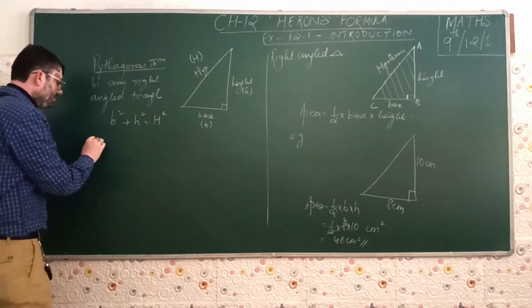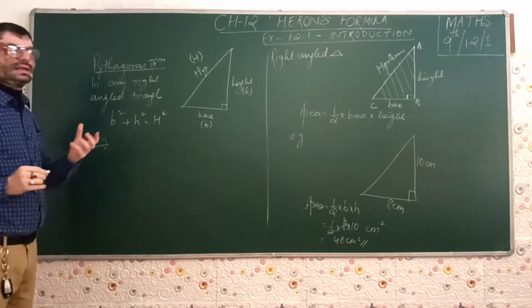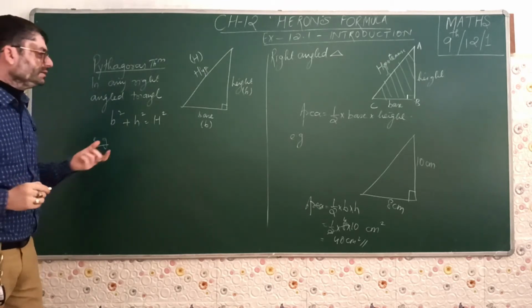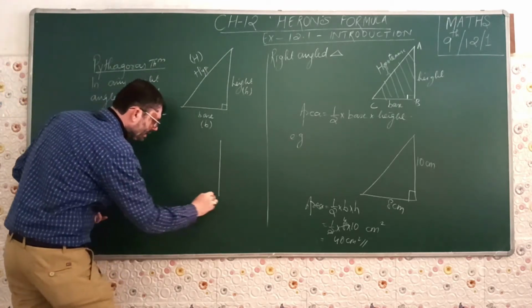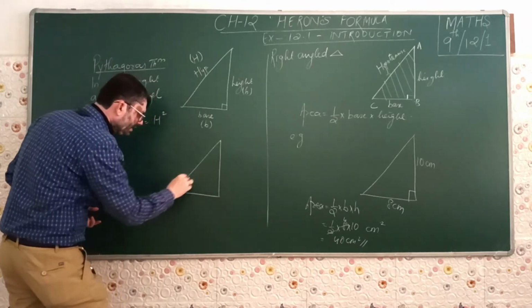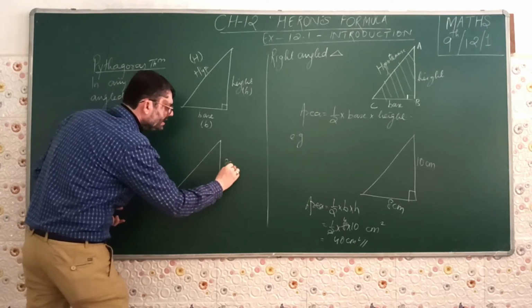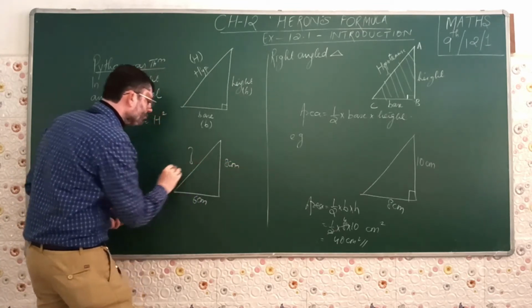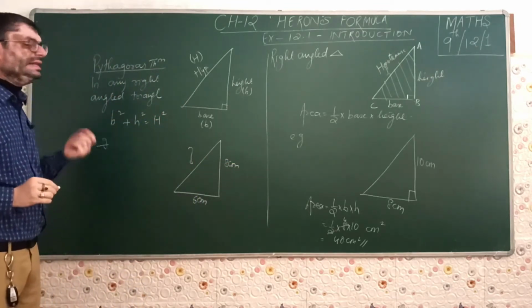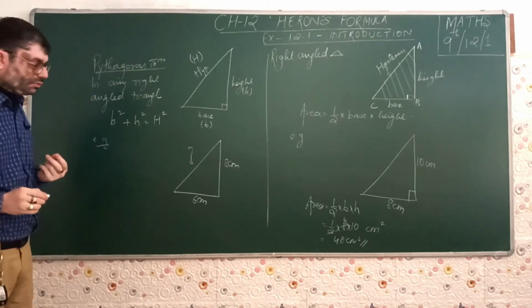Let's go through an example where two sides are given to us and we need to find the third side. Suppose we are given a right angled triangle whose one side is 6 centimeters and the second side is 8 centimeters, and we need to find the hypotenuse. You can find any side if two are given to you.